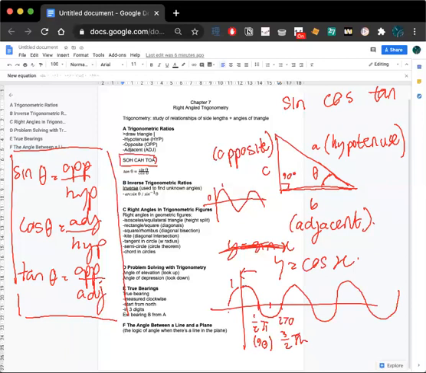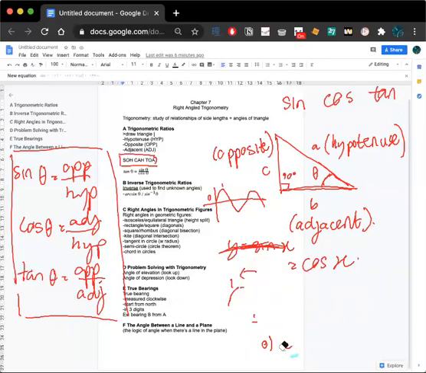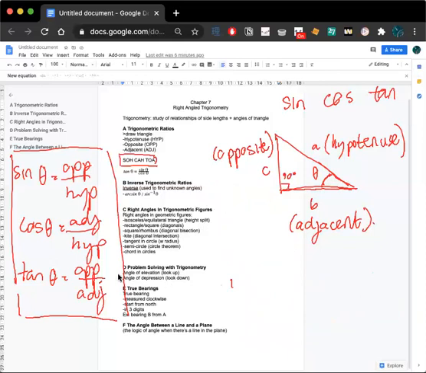And then for tan, the reason why it's opposite over adjacent is because you can pretty much depict tan as sine over cos. So for the graph itself, it looks something like this.